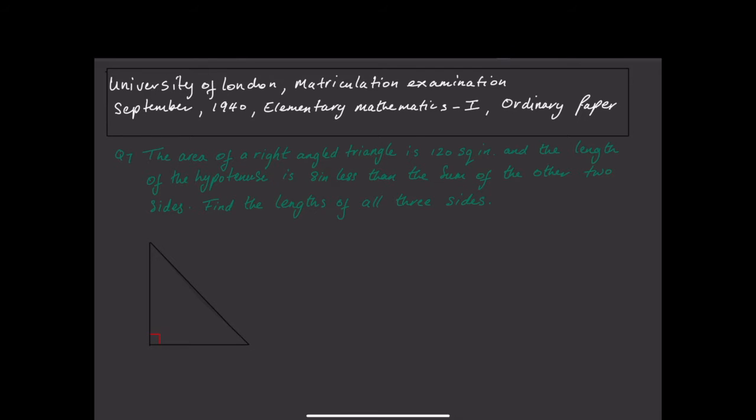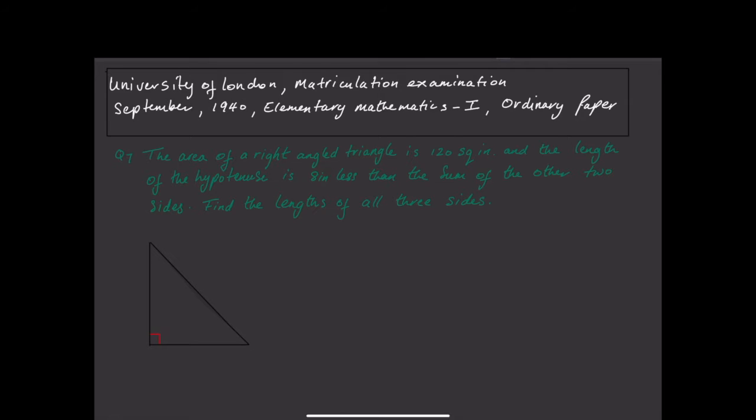Most of the universities of England would set the papers. You had the University of London, University of Manchester, University of Leeds, Cambridge, and Oxford, all setting their papers back in the early 1900s.